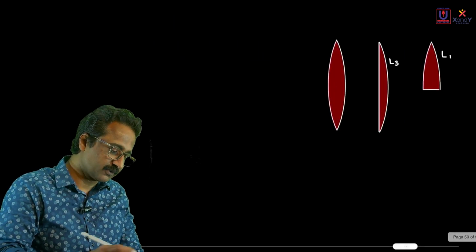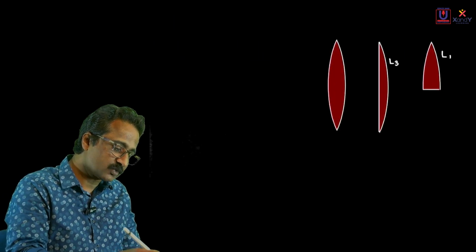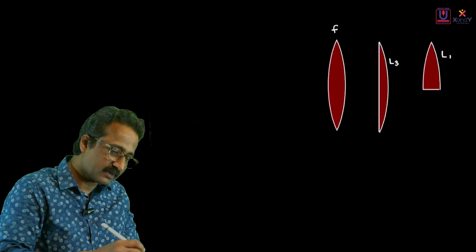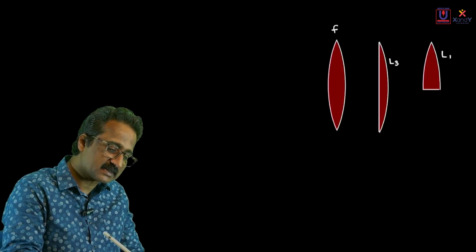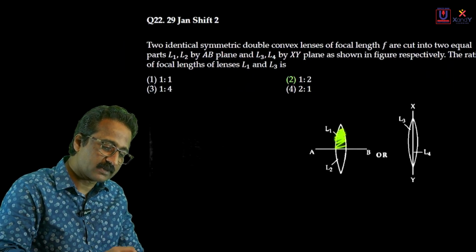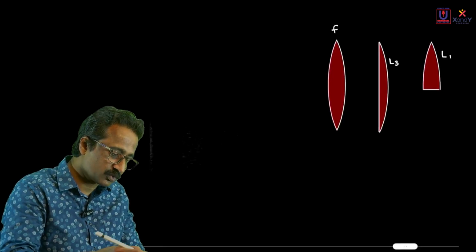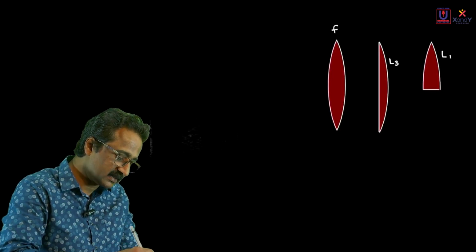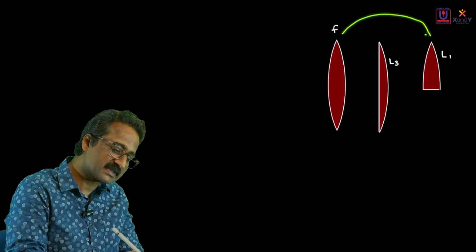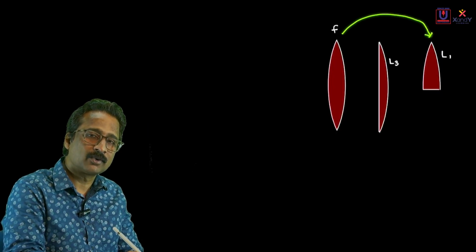Okay, I have a better figure for you. Here it is. This is a lens which has a focal length of f, for example. They mean L1 as this. This is the L1. So the focal length of that is to be determined. You know that when a lens is cut in this way into two pieces like this, nothing will happen to the focal length at all.